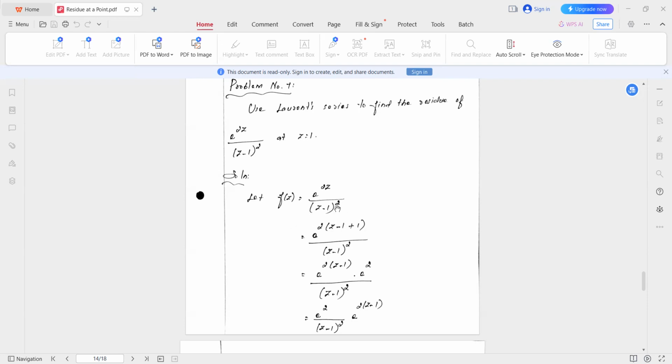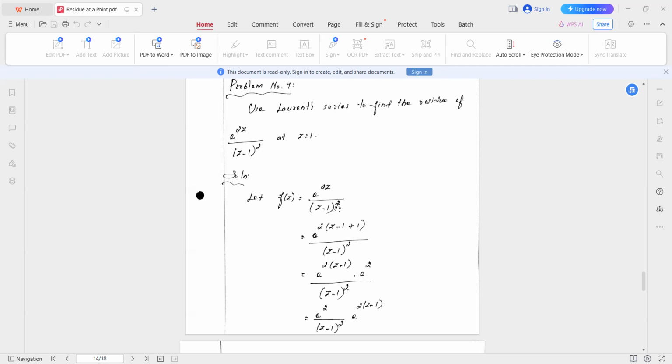Since the denominator already has the form z minus 1, we don't need to do any work there. We consider only the numerator, where we have z, so we have to make it z minus 1.